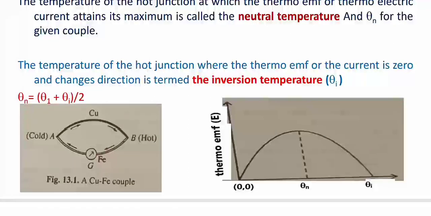That means if you raise the temperature of the hot point of a thermocouple, after a certain time you observe that the EMF will reduce, and after a certain temperature the current in the thermocouple circuit is 0, and after that point the direction of the current is changed. This is called the inversion temperature. And the neutral temperature theta n is equal to theta i minus theta c, where theta c is the temperature of the cold point.